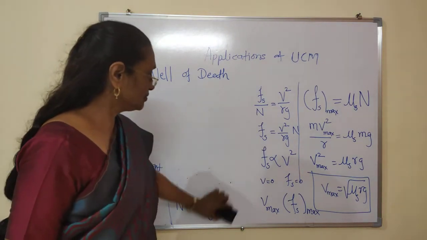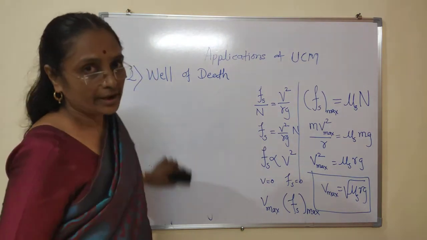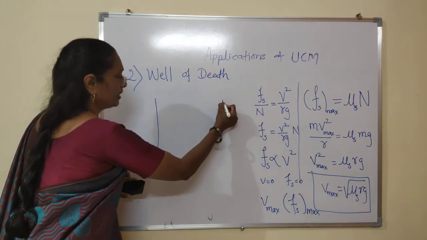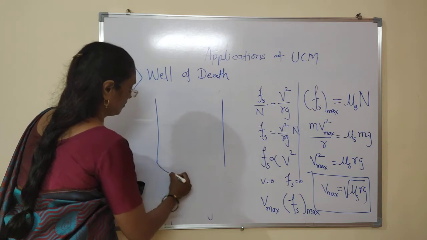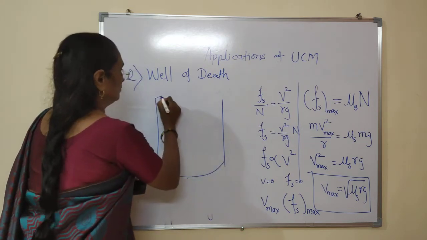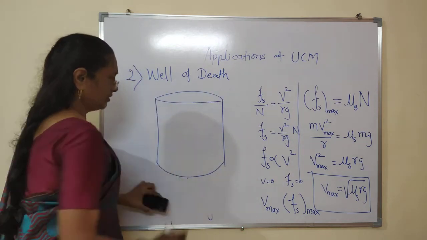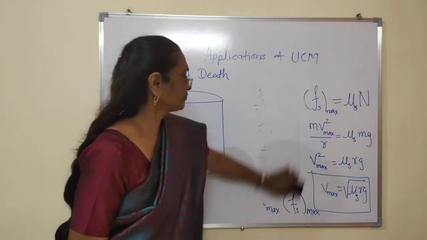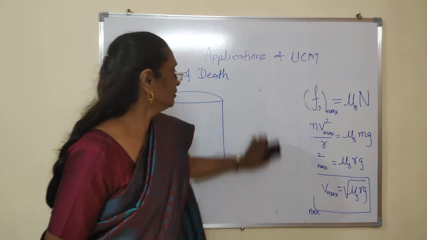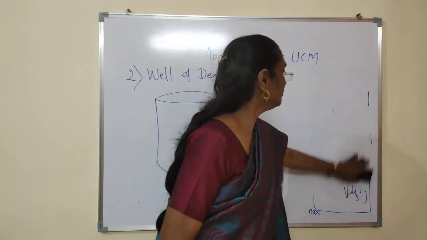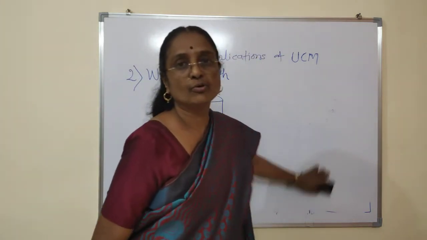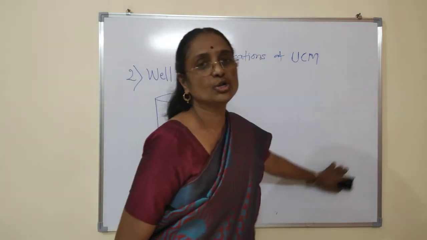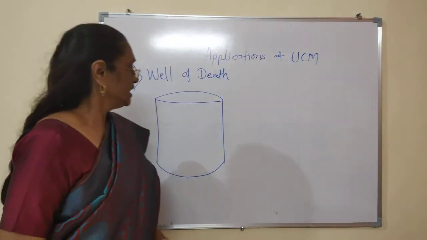That is the wheel of death and can be shown here by the cylinder, like this. Here the cylinder in which the motorcycle and cyclist undertake horizontal circles.